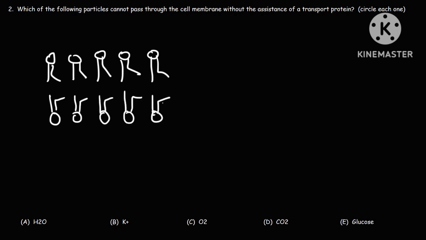Can water pass through the cell membrane? What would you say? Now, it's not that easy, but because there's a lot of water inside and outside of the cell, the human body is mostly composed of water, it can fit through it. It's very small. So water can pass through the cell membrane. So this is not what we're looking for.